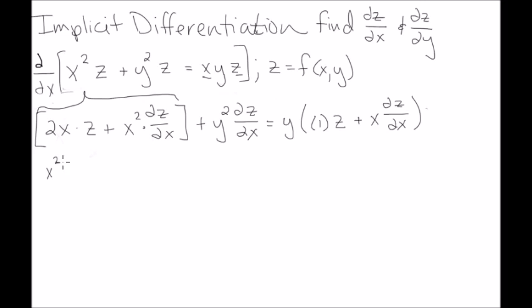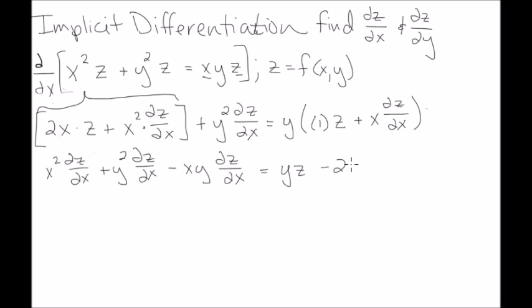I get x squared dz dx plus y squared dz dx minus xy, notice I've distributed that y in, times dz dx is equal to, I have yz on the right hand side minus 2xz moved over from the left hand side.